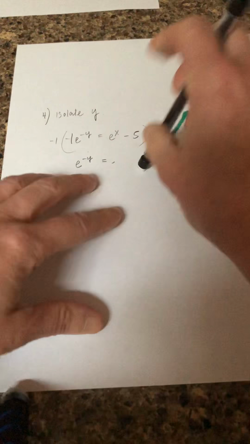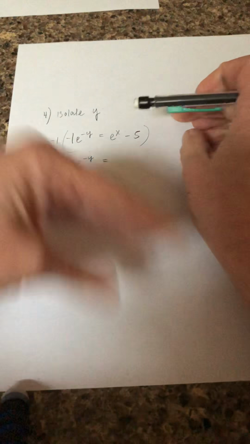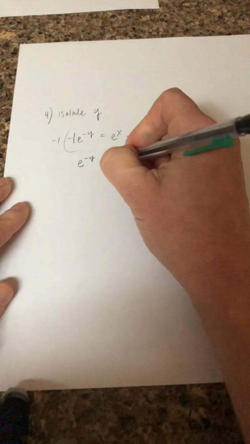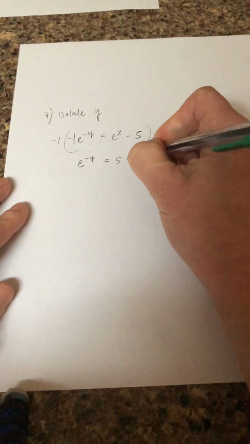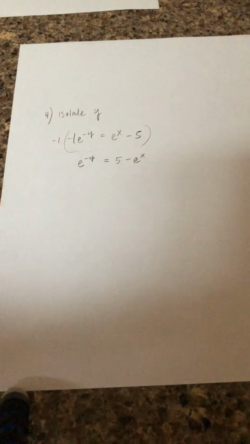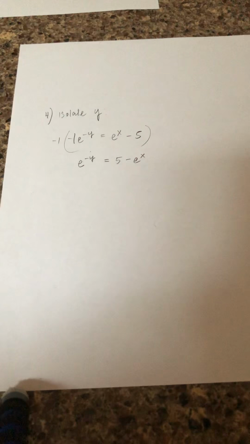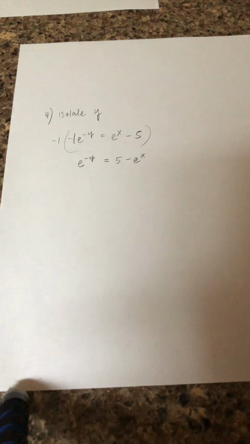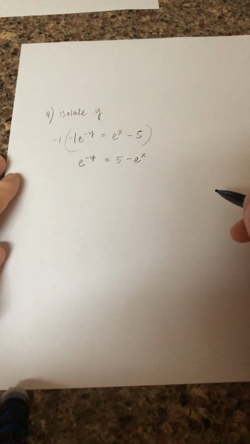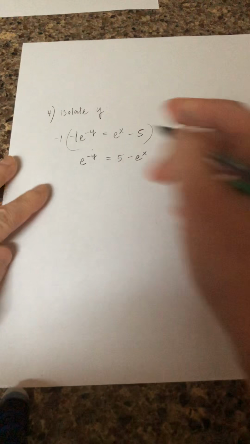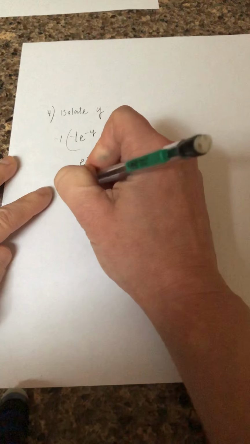equals... you know what, I guess I'm going to rearrange this. 5 minus e to the x. Just makes it look nicer for me. Okay. And then I am going to natural log both sides.